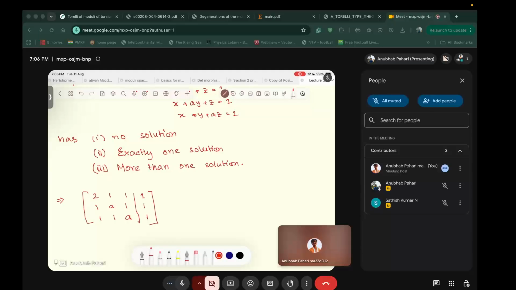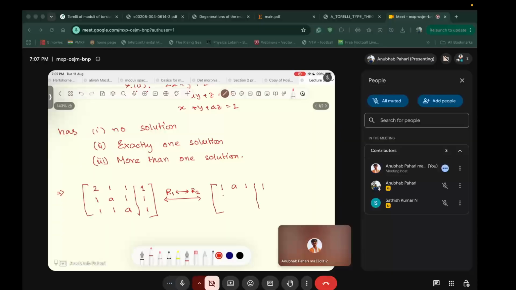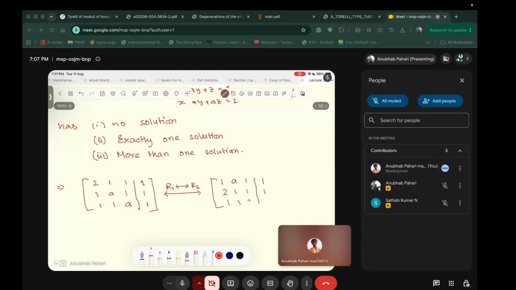So there are three elimination methods. First, we interchange row 1 with row 2, then we write the second row as the first row, that is 1 a 1 1, and the first row as the second, 2 1 1 1, and 1 1 a 1.